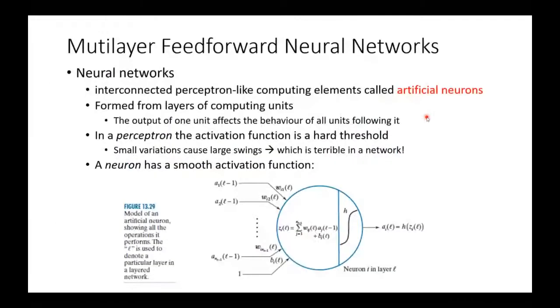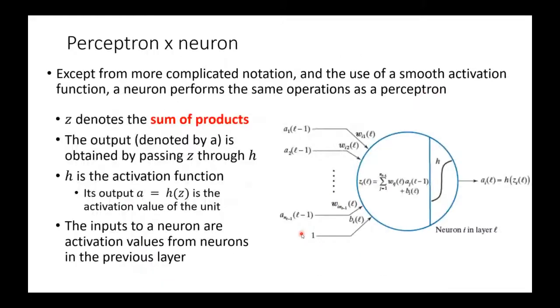So the first difference between a perceptron and an artificial neuron is that a neuron has a smooth activation function. But the computation is the same. The computation is this sum of elements here, a sum of products, right?